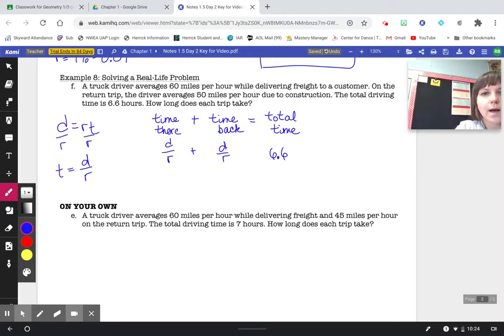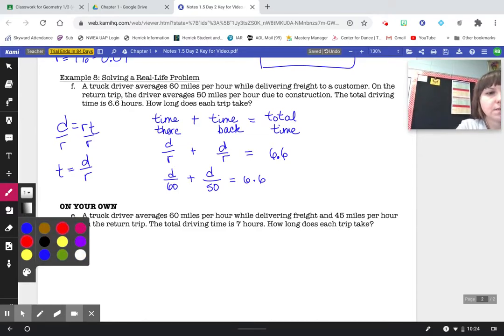And the reason why is because I do know my rate. So the rate when we were going there was 60 miles per hour. So let's plug that in. We have distance over 60, that's miles per hour, plus coming back was the distance over 50 miles per hour, and that would equal 6.6. Now we need to add these. They do not have the same denominator. So let's give them the same denominator.